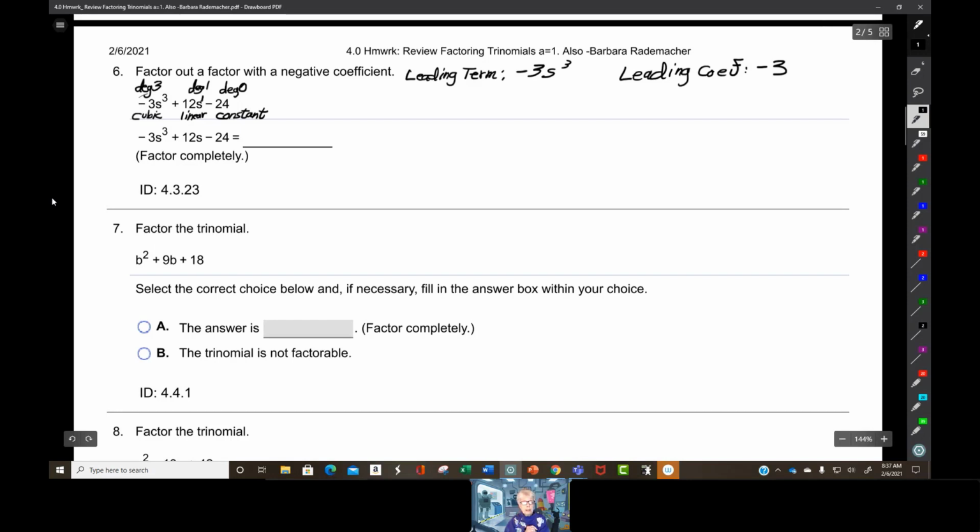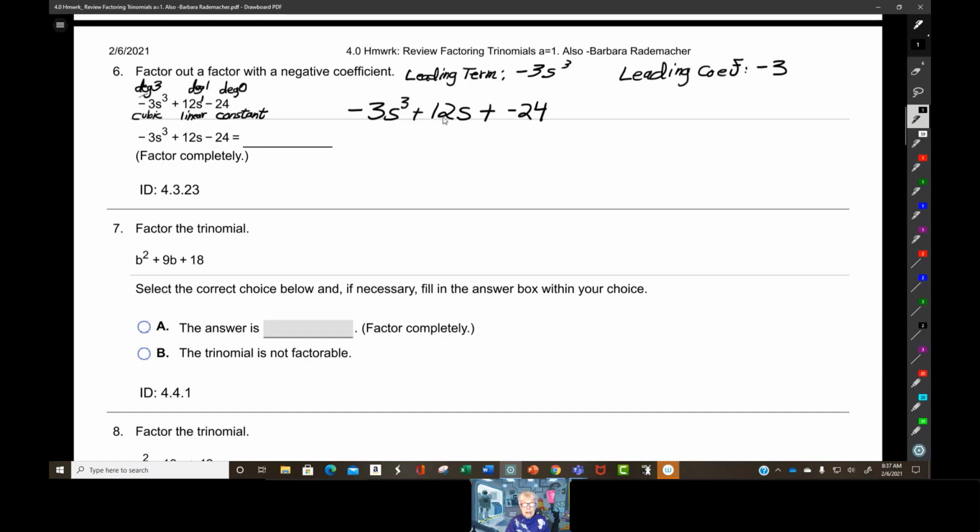So you go one step at a time. Negative 3s to the third plus 12s to the 1 plus negative 24.